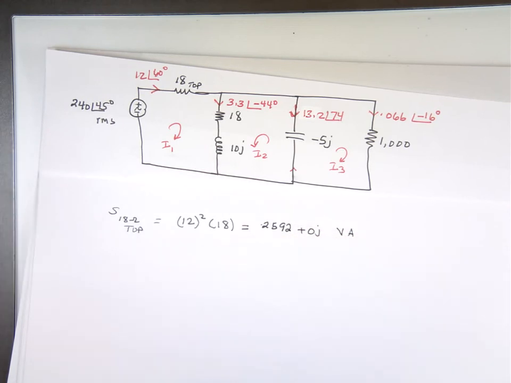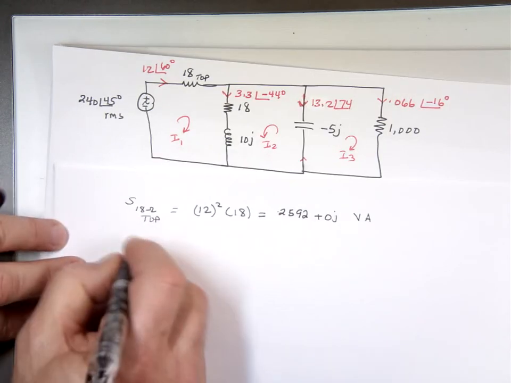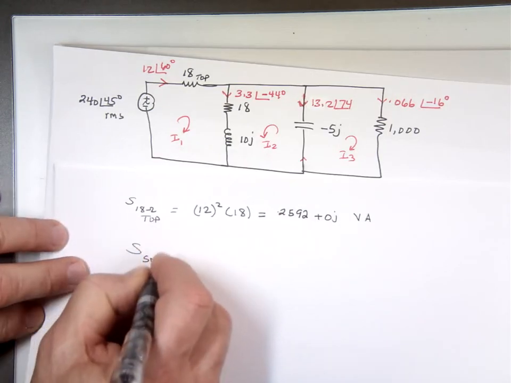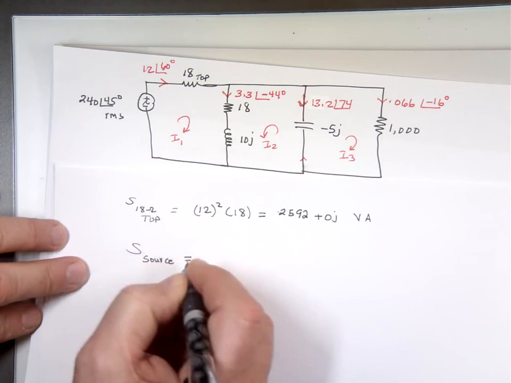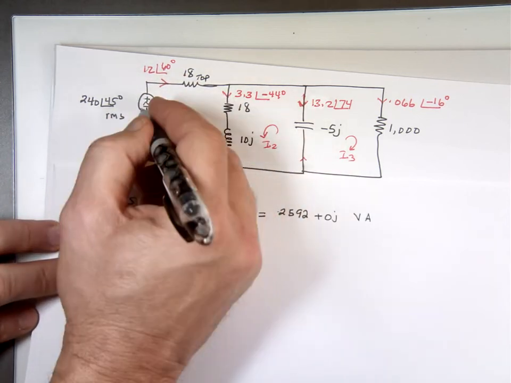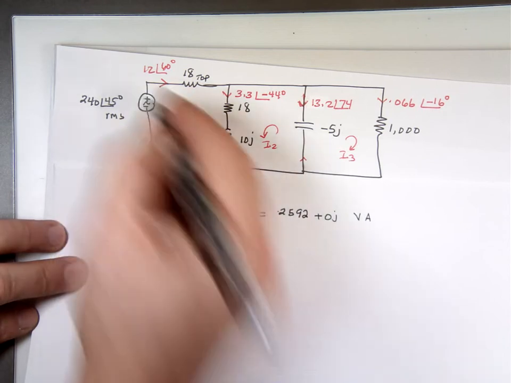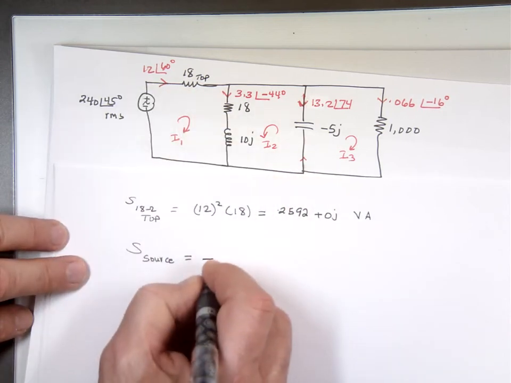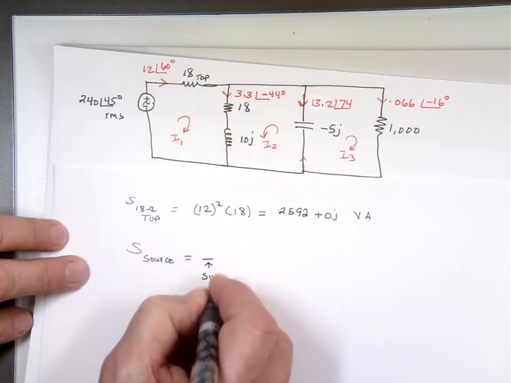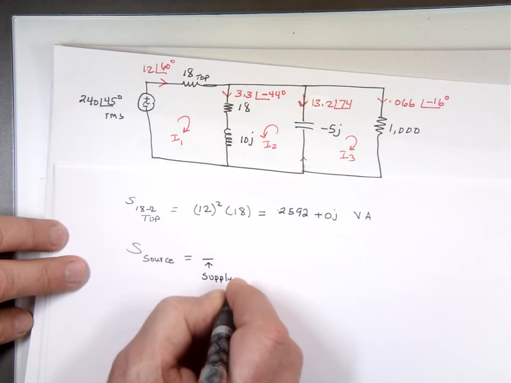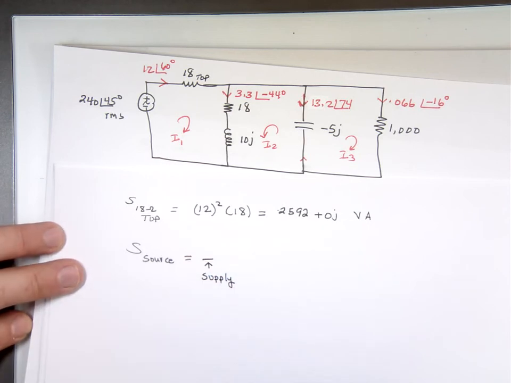And what about the source? Since the current is entering the minus terminal, notice that current going up there, that's a negative. Again, the negative means we're going to supply power. That's what the minus sign tells you. VRMS times IRMS conjugate.